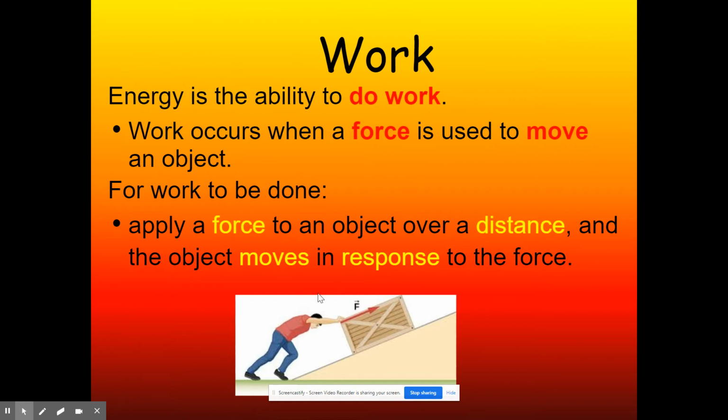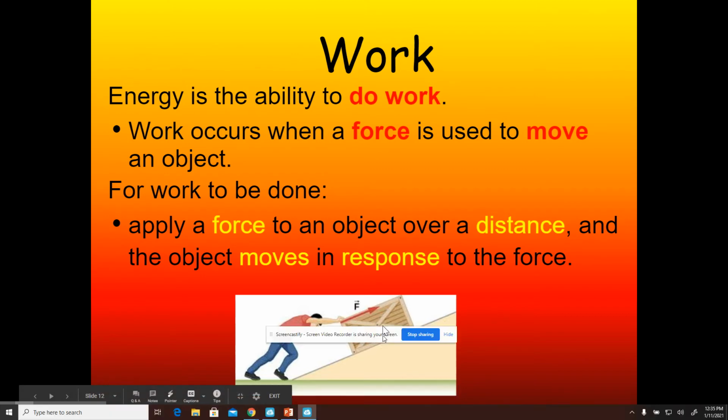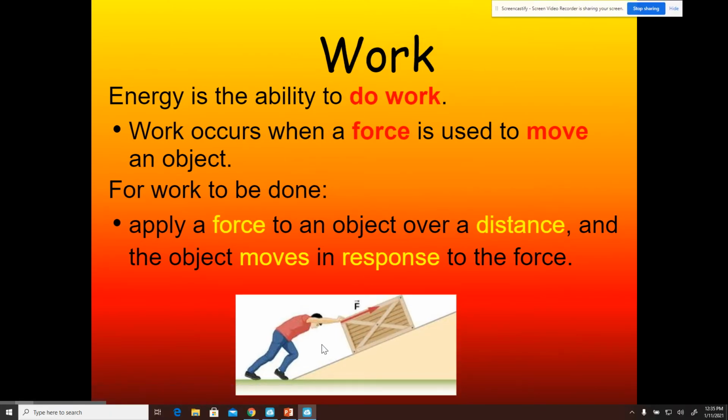So in this image down here, we see a man pushing the barrel up a ramp, and the barrel, guys, is a crate. The crate is moving in response to the man's push, and it's moving in the direction of the force. So that is an example of work being done.